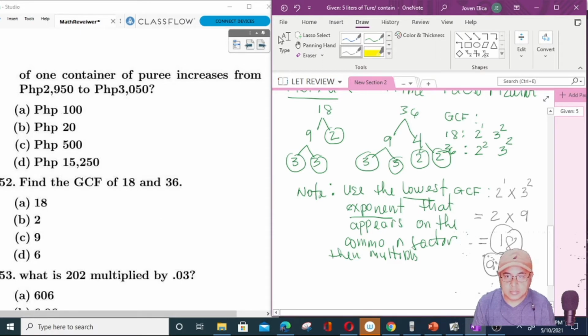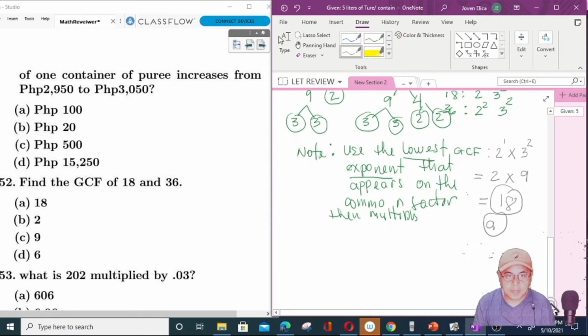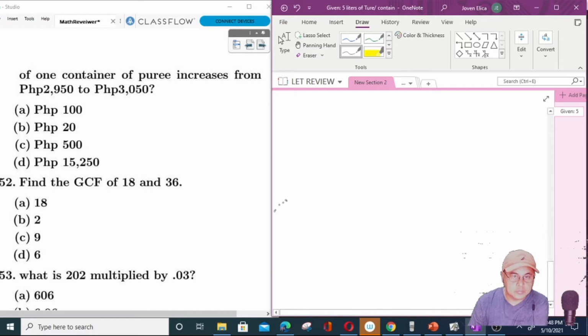In the next problem, number 53, what is 202 multiplied by 0.03? So it's very easy. It is just a multiplication of whole numbers. 202 multiplied by 0.03.